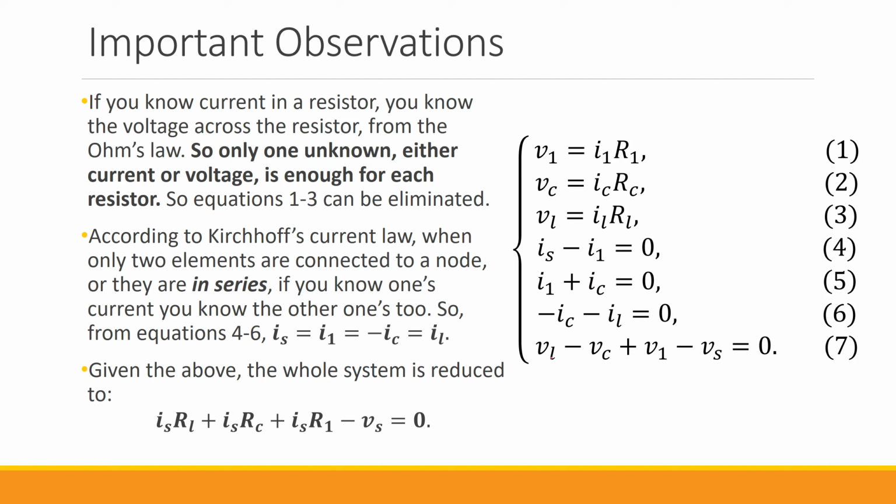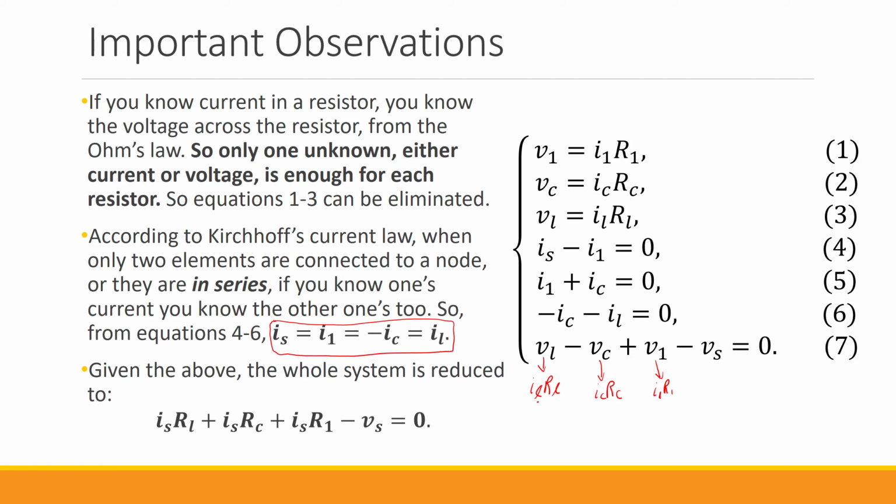For VL, we had VL equal to IL multiplied by RL. For VC, we knew it was IC multiplied by RC, and for V1, we knew it was equal to I1 multiplied by R1. So what we do is use this equation, and for any of the currents, we use Is.